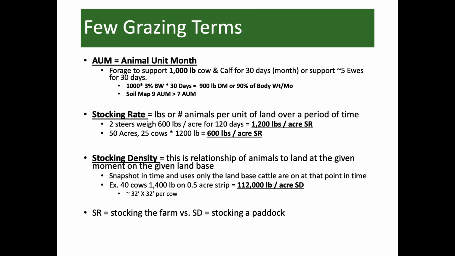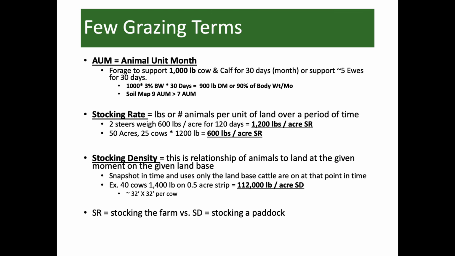Stocking density is the relationship of animals to the land at a given moment of time on that land base. For example, if we've got 40 cows that weigh 1,400 pounds, and we've got them in a really small half-acre strip, we've got 112,000 pounds per acre, okay?